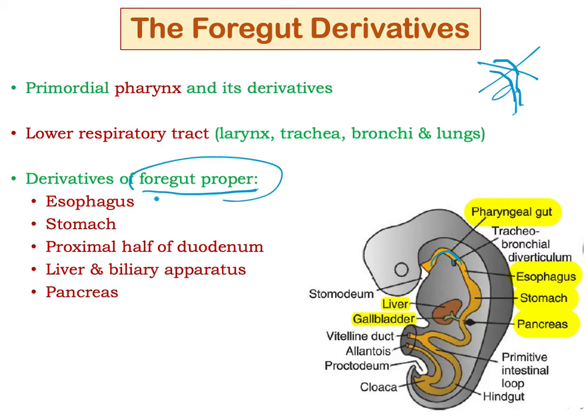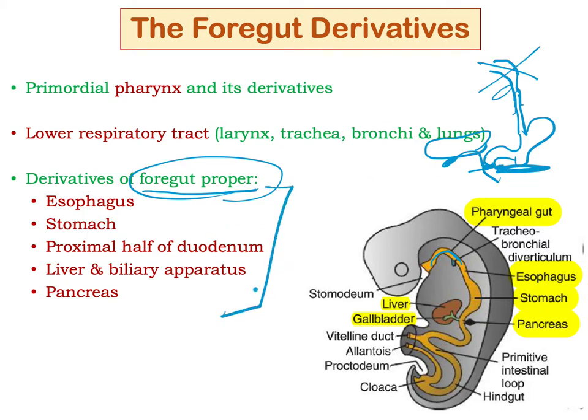The foregut proper will give the esophagus, stomach, and duodenum until the second part of the duodenum, and that second part has an opening, of course, for the biliary system. That means you have the liver and gallbladder or biliary system, and posteriorly you have the pancreas.